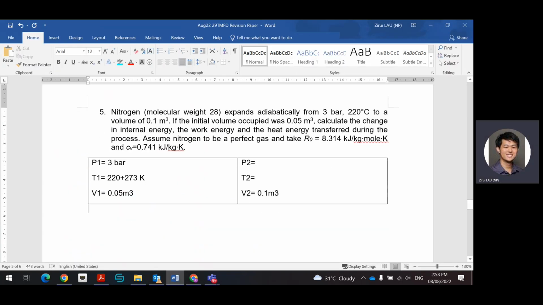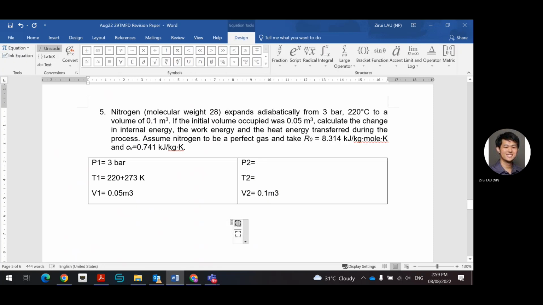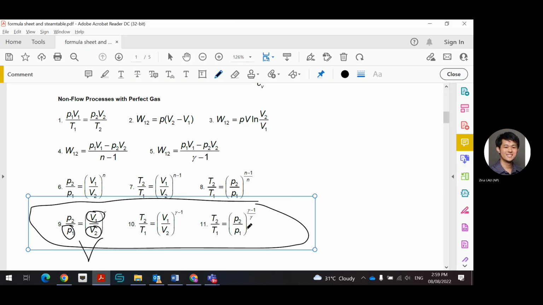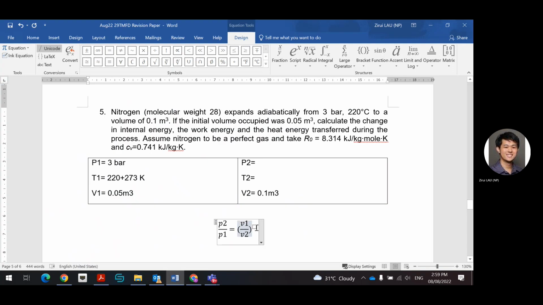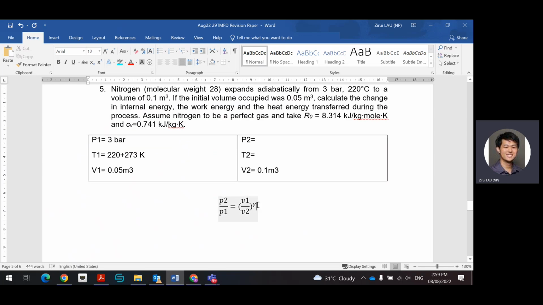So let's say I want to apply this. But what do I realize?